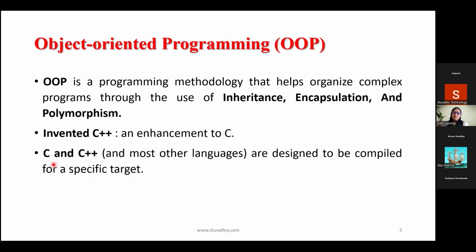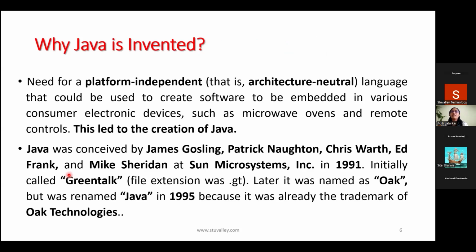Okay, so the main drawback of C and C++ is that these are platform dependent languages, and it led to the need for a language that should be platform independent. That means if we are developing an application on any system, be it Windows, Mac, Linux, Unix, any system, it can be executed on any other platform also.